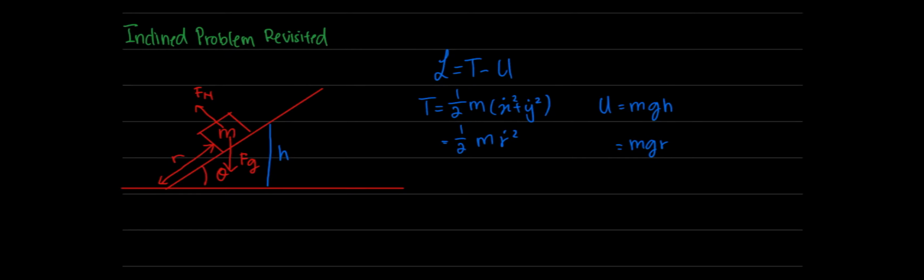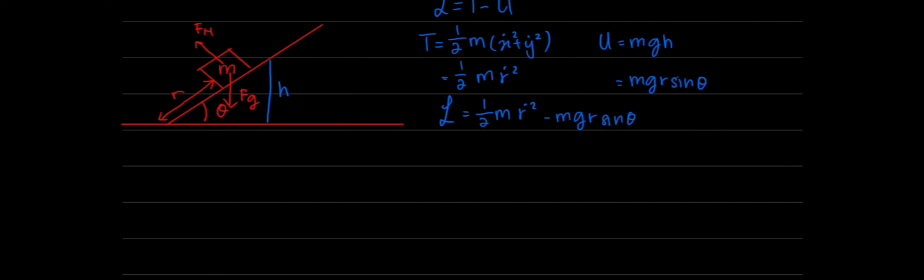Kinetic energy in two dimensions will be 1/2 m (x dot squared plus y dot squared). It's essentially equal to 1/2 m r dot squared, just by Pythagoras' theorem. U equals mgh, where h is equal to r sin theta by geometry. And we will end up with this Lagrangian.